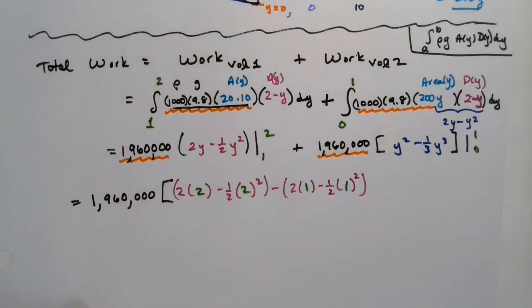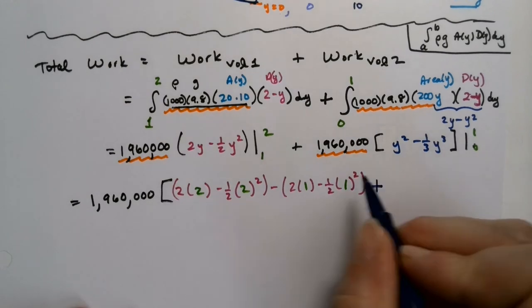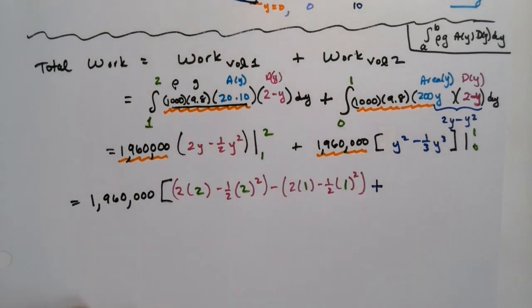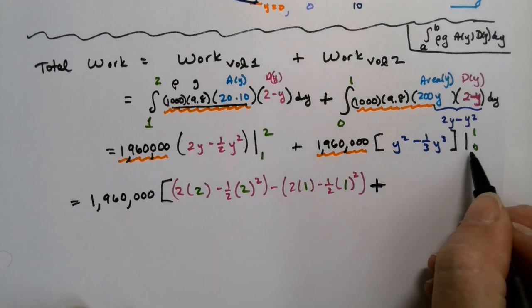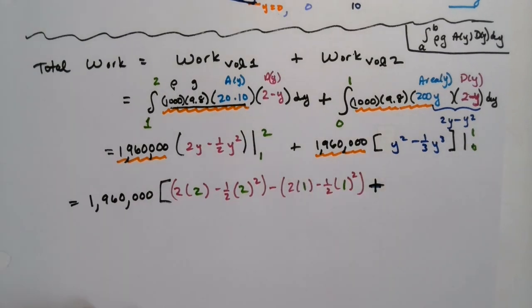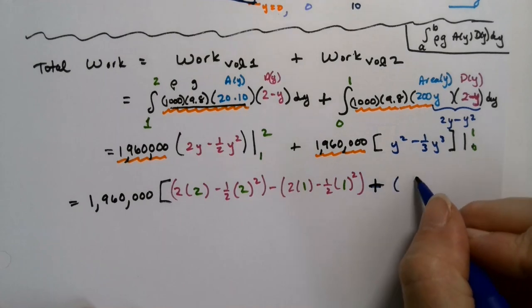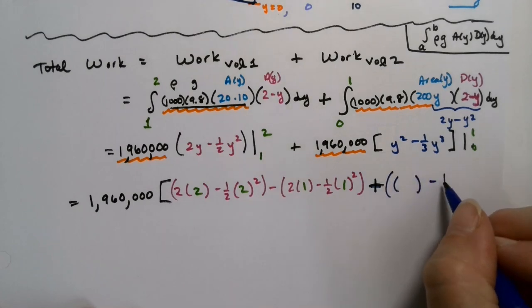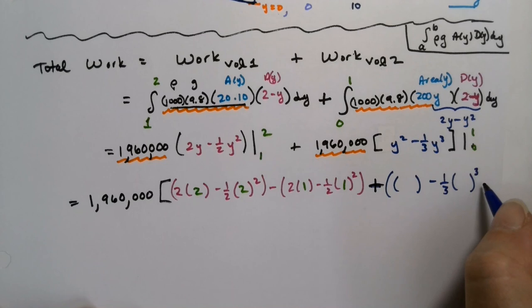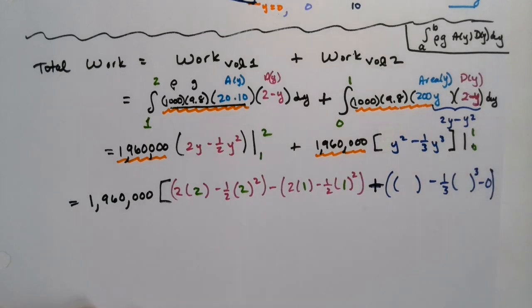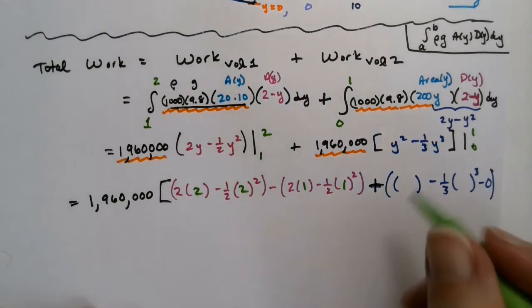Figure that out. And then all of that is plus. So there's a plus in there. And then, well, we don't have to worry about the 0. The 0 is not going to do anything for us. But the 1 is. So it's going to be 1 squared minus 1/3 times 1 cubed, minus 0 if you want to see it. Right? Because the 0 doesn't do anything for us.